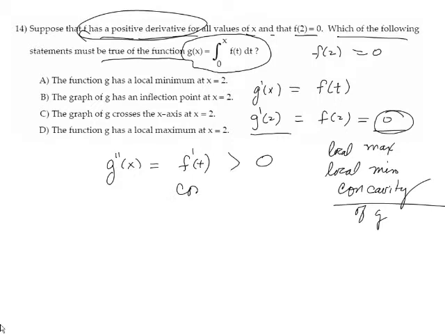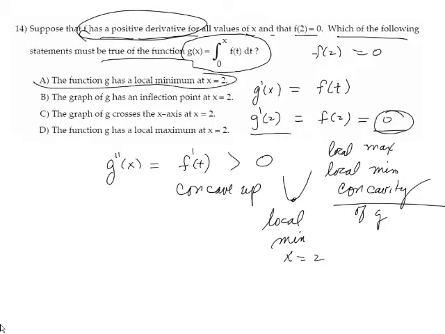So it's concave up, which means it's a local minimum at x equal 2. So the answer is A.